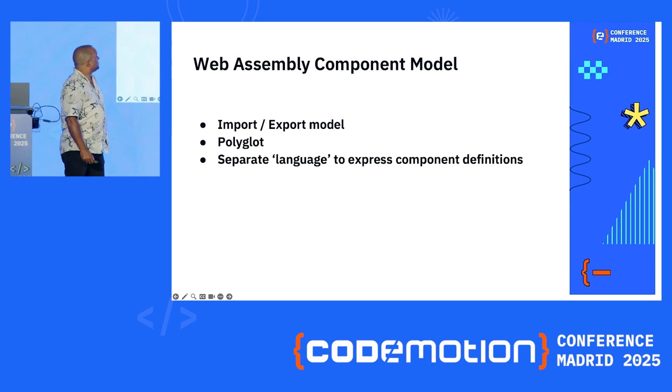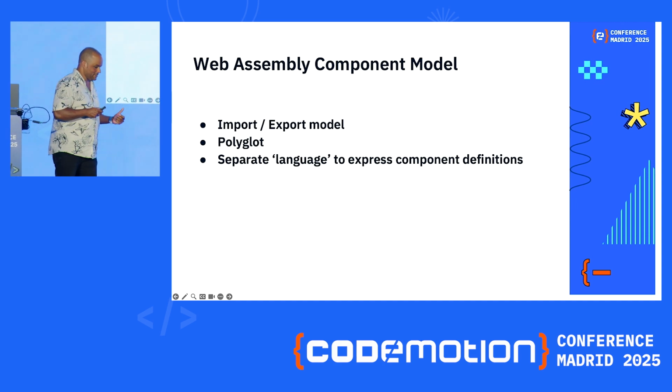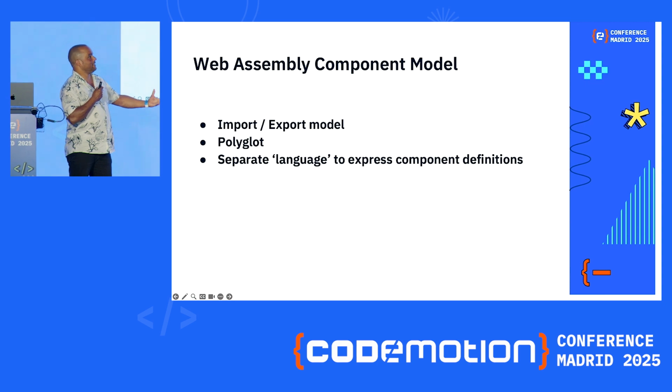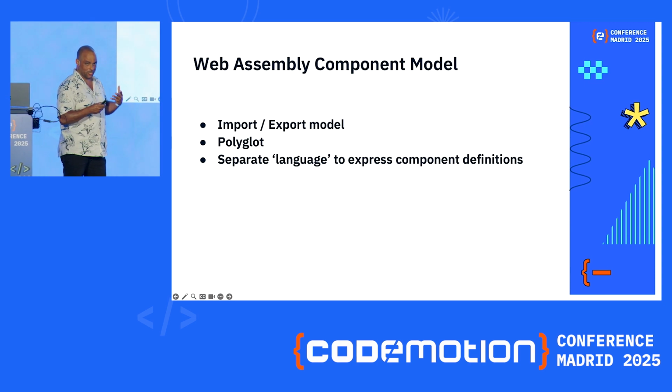Then enter the WebAssembly component model. Right now we're going to use it first for the new WASI. We're going to define what a component needs to do its job and what it needs to expose. And for that, because I didn't really mention it, WebAssembly is polyglot. It's not tied to a language. It's a compilation target.